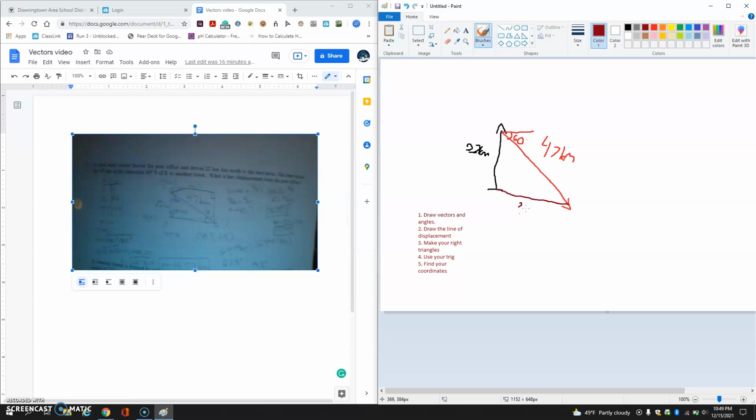It only works when it is a right triangle. You cannot use it on any other triangle in the world. You can't use Pythagorean theorem. You can't use anything that was in that trig packet that we got for any other triangle than a right triangle.